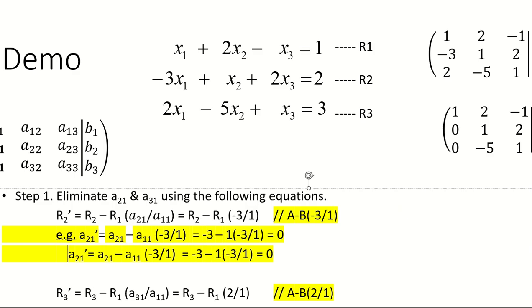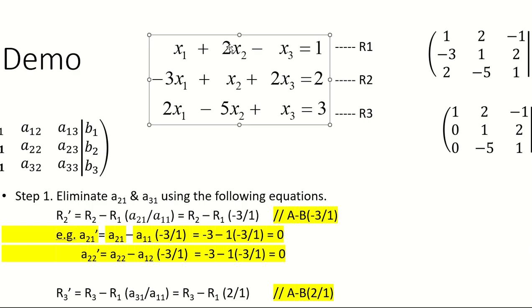What's the next? Because you're going to update the whole row. So you're going to have a new A22 prime equal to, you key in this A22 and also A12.